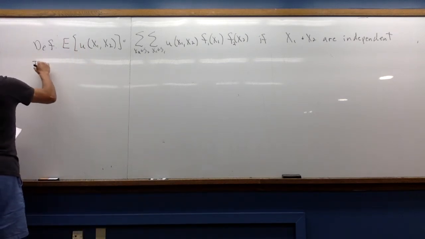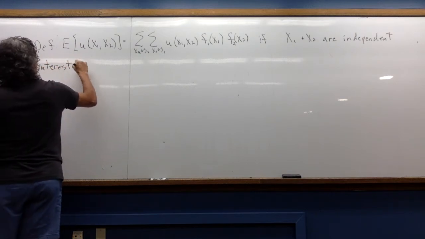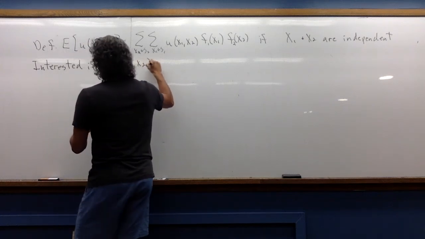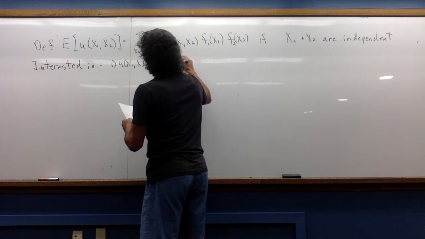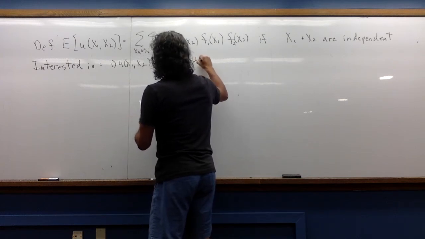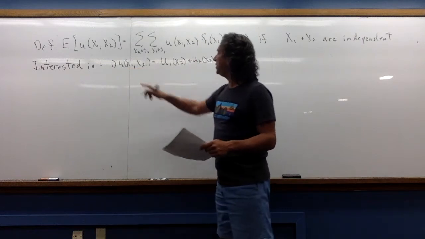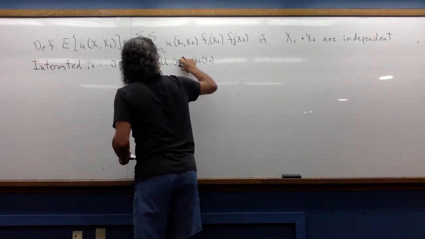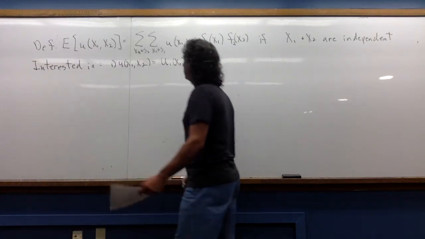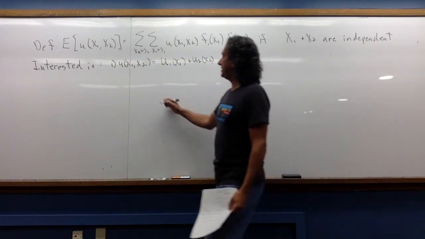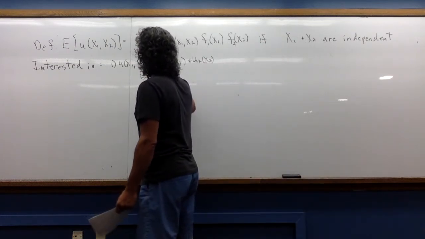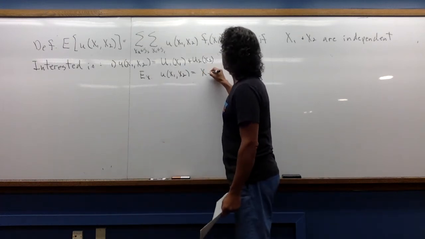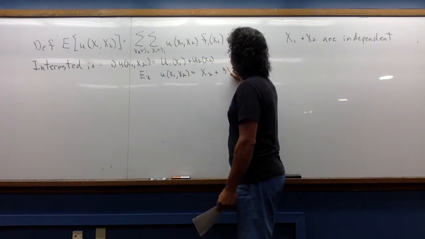So we're interested in the following two functions. The first one is a function of two variables that can be expressed as a sum. There's a slight typo there that I want to fix. An example of this would be u of x1, x2 equals x1 plus 3x2.